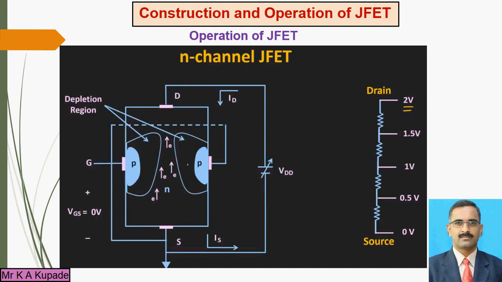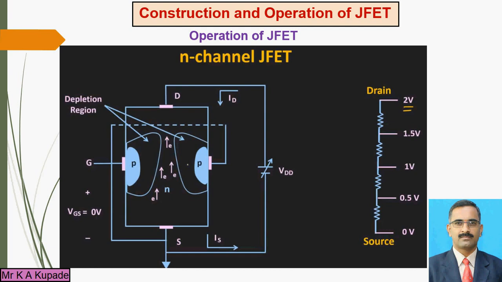Now, consider the depletion region, which has a larger area at the drain side. Why does this happen? For better understanding, I explained it with the ohmic concept of this JFET. See, at the right side I have shown the resistors.